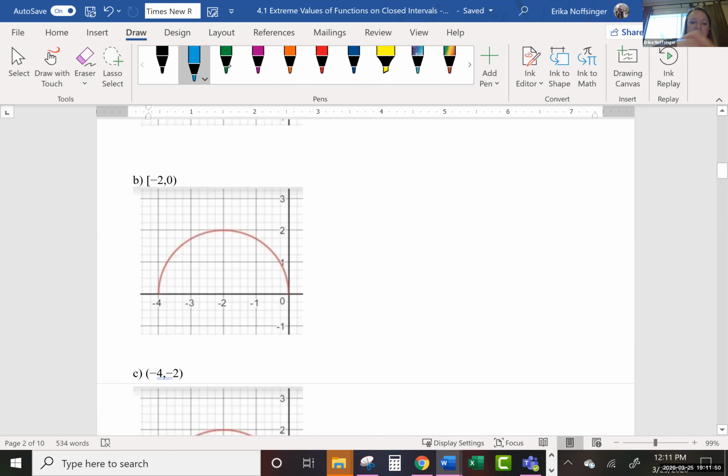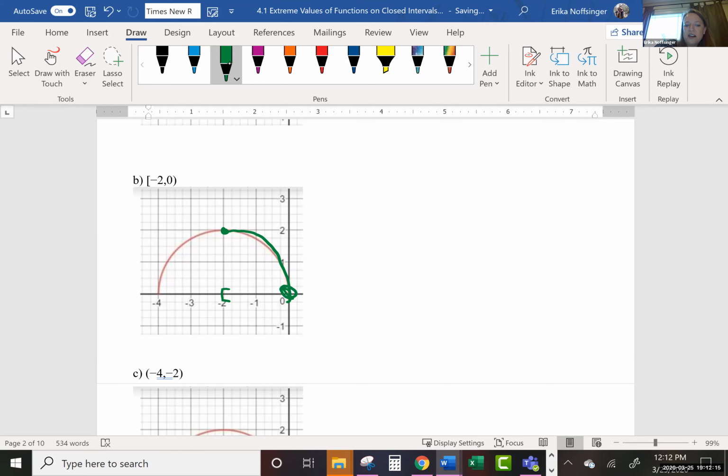So we're including -2 and going to 0, and we're not including it. If you look at just this piece in here, that's a solid circle here to an open circle here, right? Because it's not including it.